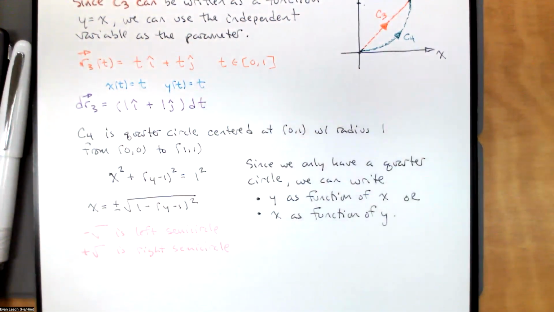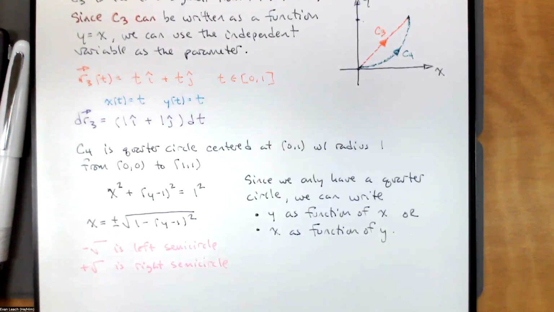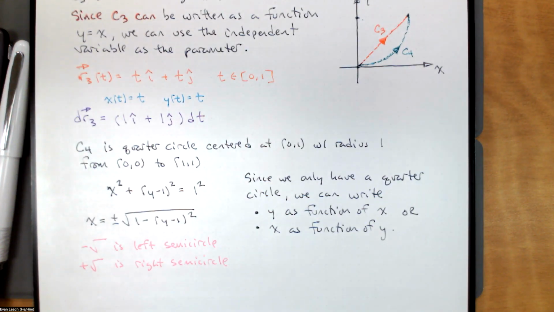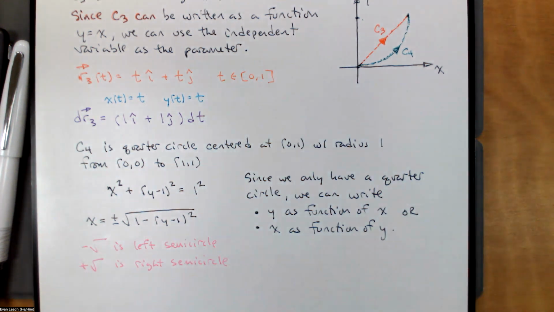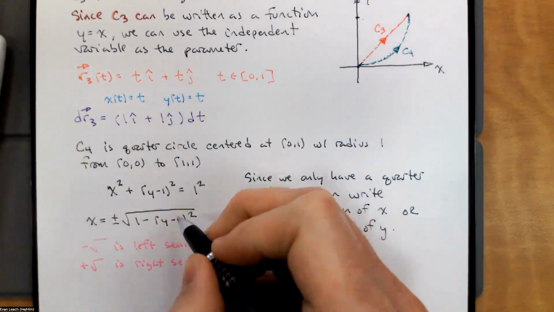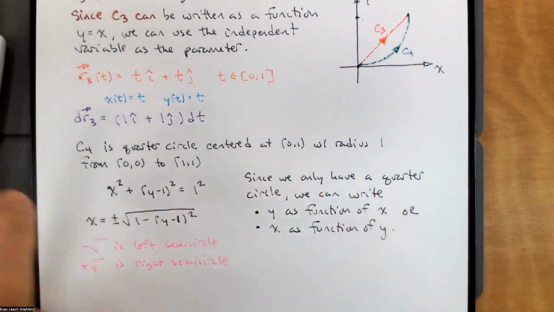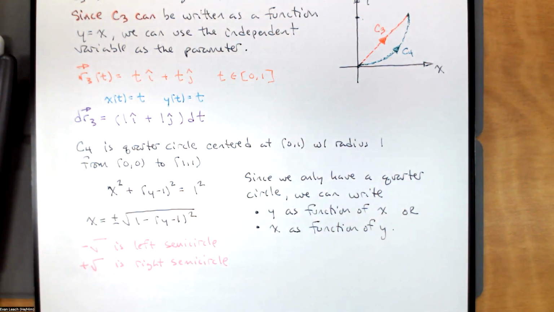Since the portion of the circle C4 we want is on the right side, we're going to use the positive square root. Now, if we just have the positive square root of 1 minus the square of y minus 1, that's going to give us the whole semicircle, but we're using y as a parameter. So we only allow the values of y to go from 0 to 1.